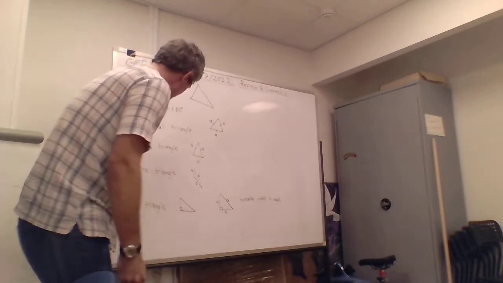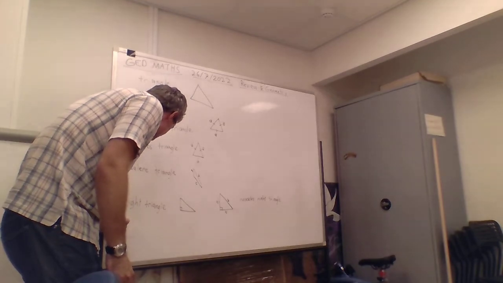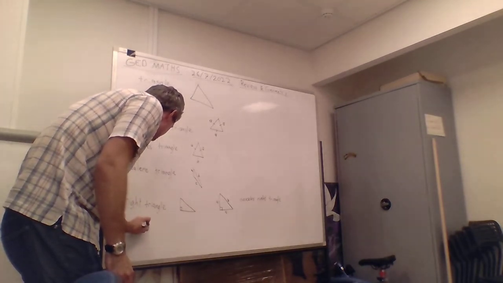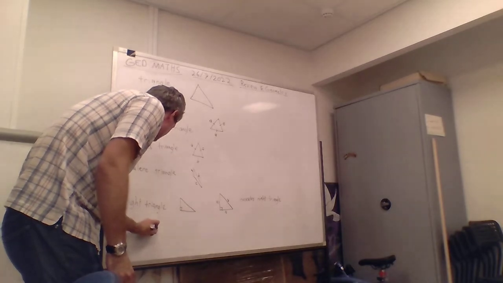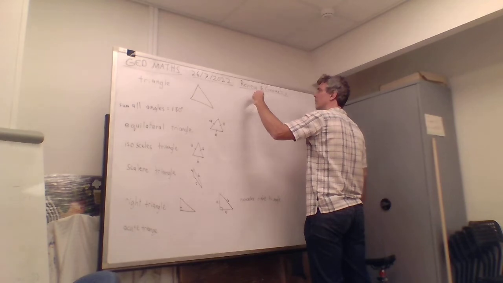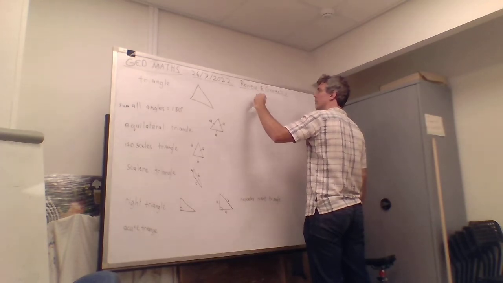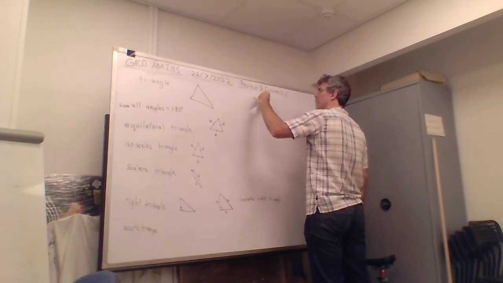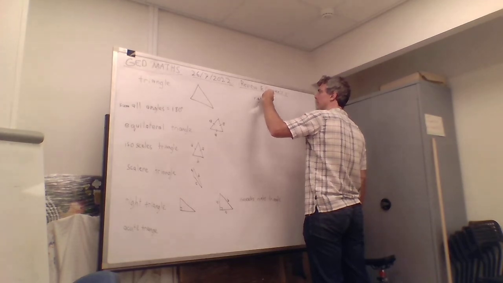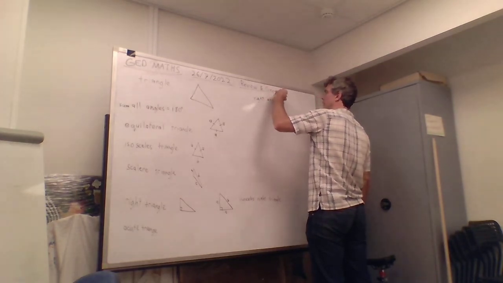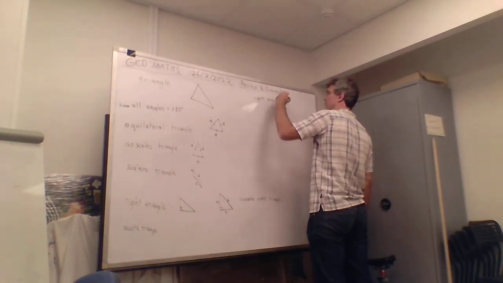Okay. So we have a right angle. We also have what's called an acute. That's because we have three different types of angles. Right angle is 90.